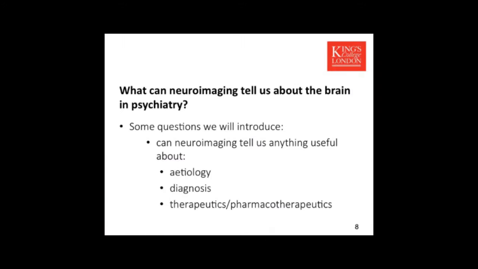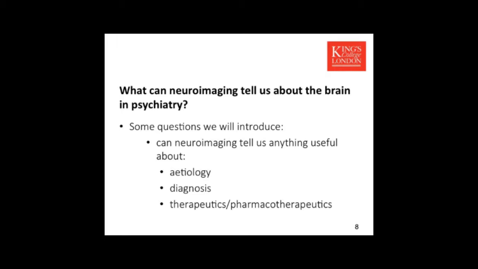So basically, the module is aimed at equipping you with being able to answer questions such as what can neuroimaging tell us about the brain in psychiatry. There's a strong focus on psychosis because here in the department there is quite a significant body of research around psychotic disorders, but we'll also cover, of course, other psychiatric diseases.